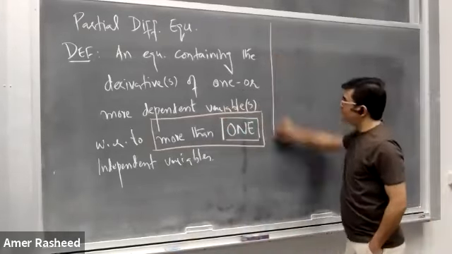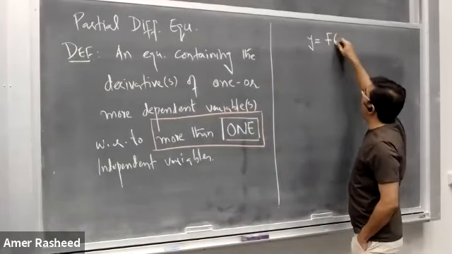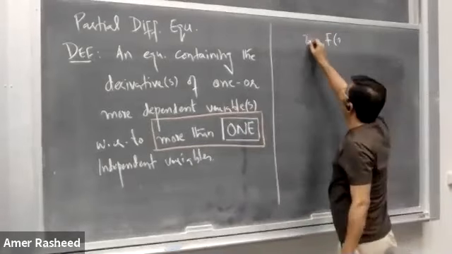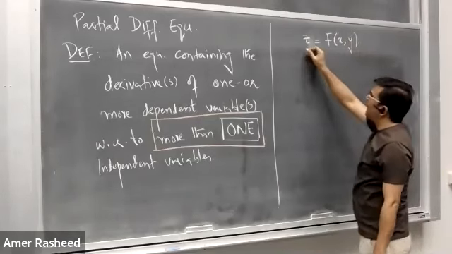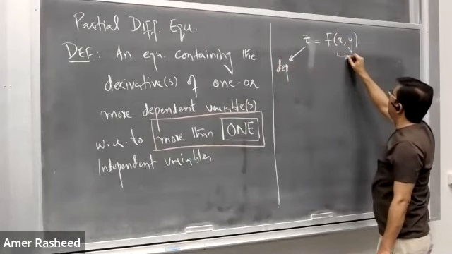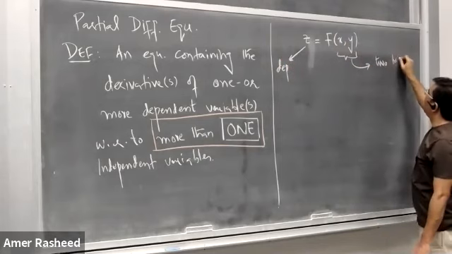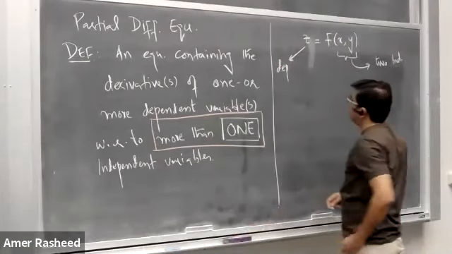For example, if we have a function z is equal to f of x, y. Now z is the dependent variable, and x and y are two independent variables. This is a kind of surface function in 3D.